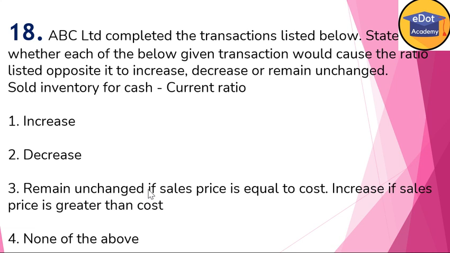You are selling the inventory and getting cash, so only the asset form is interchanged. The value of assets is not increasing at all, so assets remain unchanged. So current assets divided by current liabilities is not changing, and it will remain unchanged.